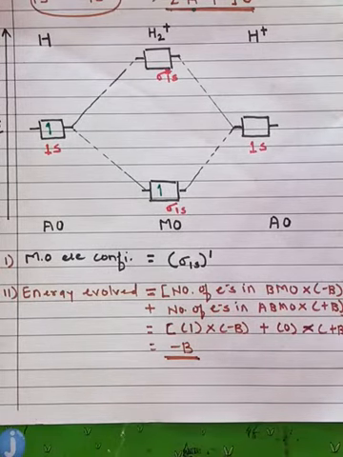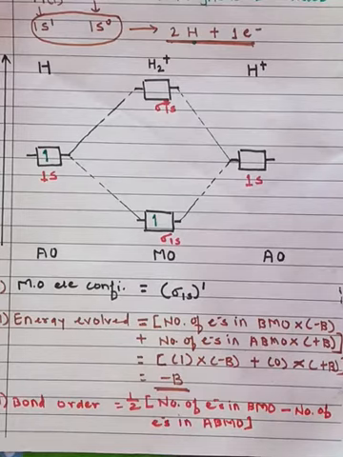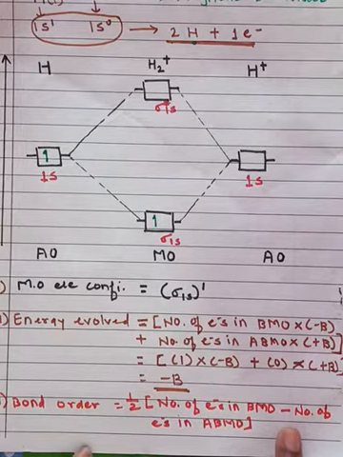Then let us find out the third factor. The third factor is bond order. So what is the bond order? Bond order indicates the total number of bonds between the two atoms. The bond order is given by the formula: half into number of electrons in BMO minus number of electrons in ABMO.